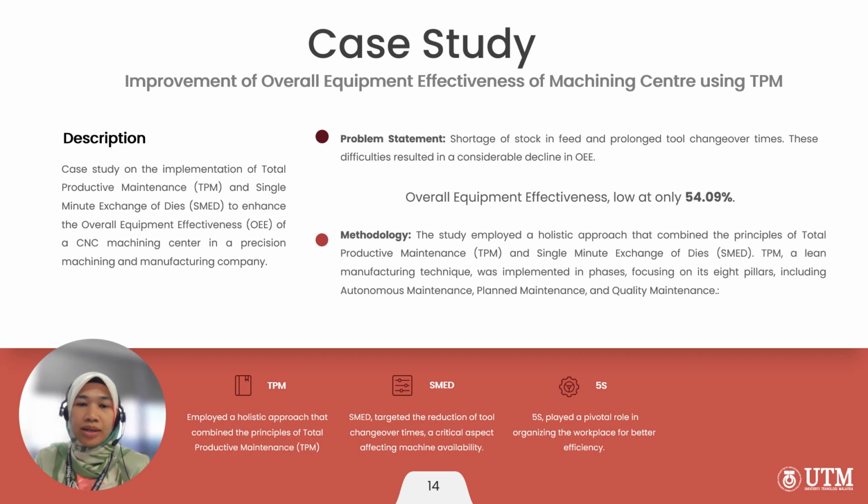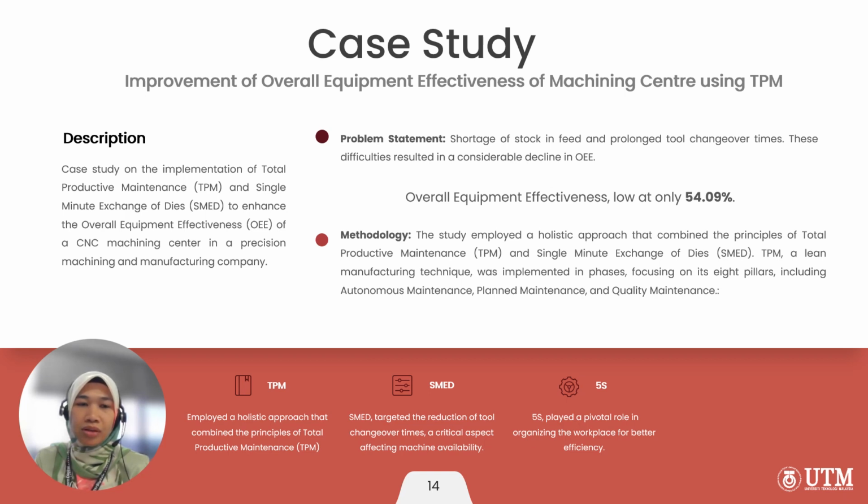To tackle this challenge, the study employed a holistic approach that combined the principles of total productive maintenance (TPM) and single minute exchange of die (SMED). TPM, a lean manufacturing technique, was implemented in phases, focusing on its 8 pillars, including autonomous maintenance, planned maintenance, and quality maintenance.